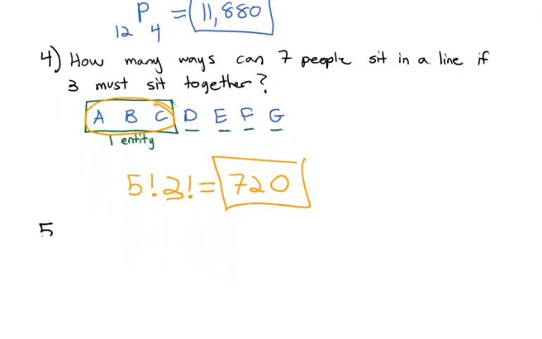How about this permutation problem? Let's say you have 3 magazines and 6 comic books.